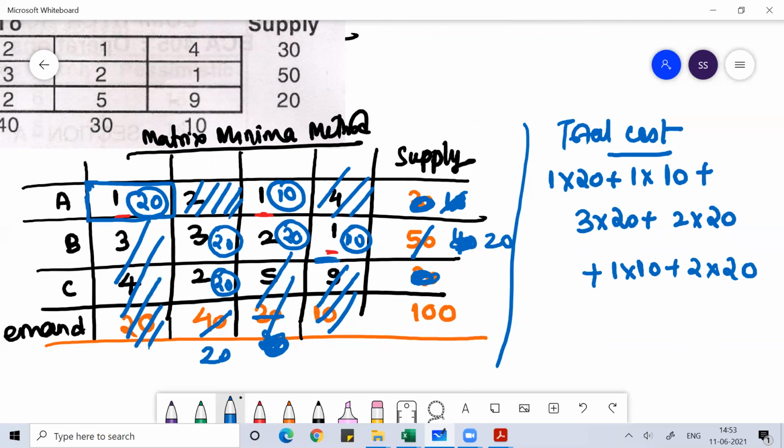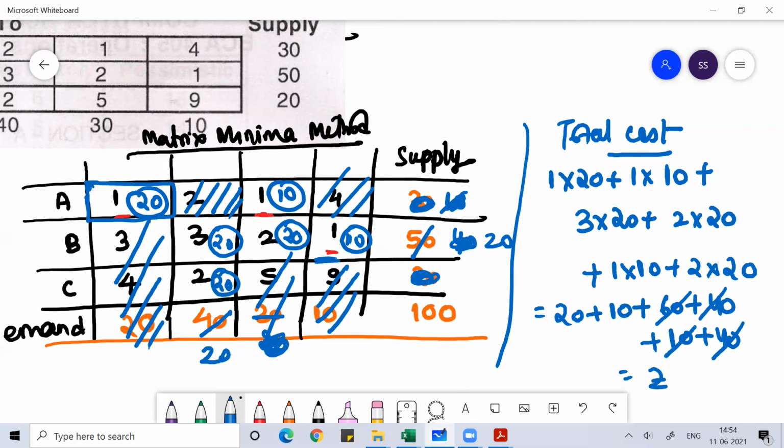Here you can see the total occupied cells: 4 columns and 3 rows, 4 plus 3 is 7, minus 1 is 6. Total occupied cells should be 6: 1, 2, 3, 4, 5, 6. So this is 20 plus 10 plus 60 plus 40 plus 10 plus 40, which equals 180. So the total cost will be 180.